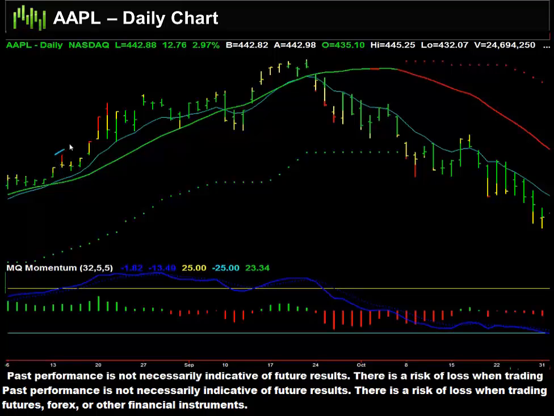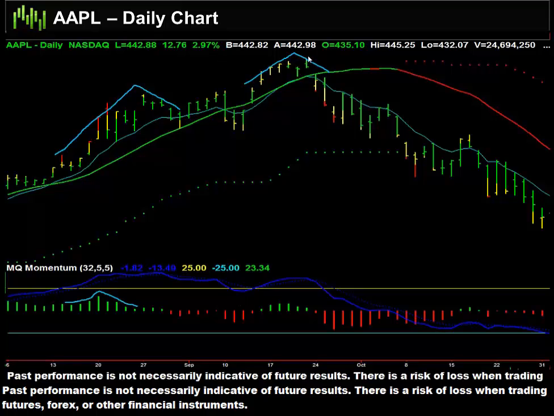So price action on this particular chart, prices are moving up. You can see Apple comes up, makes this high right here, and then prices pull back, and then they make this next high here. Okay, prices are going from one high to a second higher high. If we look at the corresponding indicator, MQ momentum, we see that the histogram makes this height on the histogram, and this corresponds to the first set of highs.